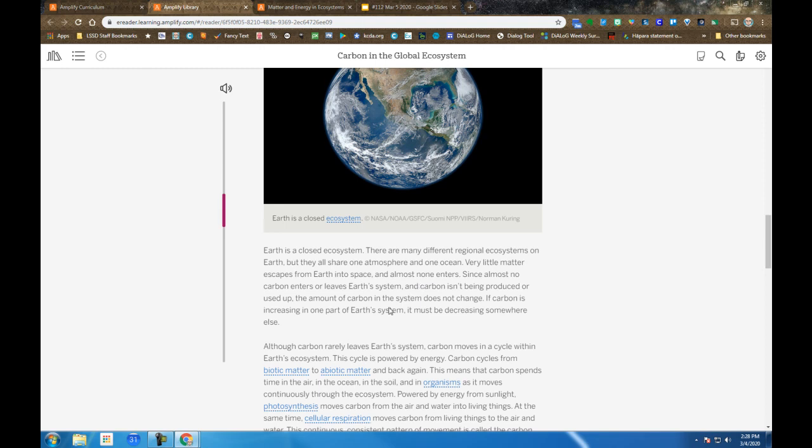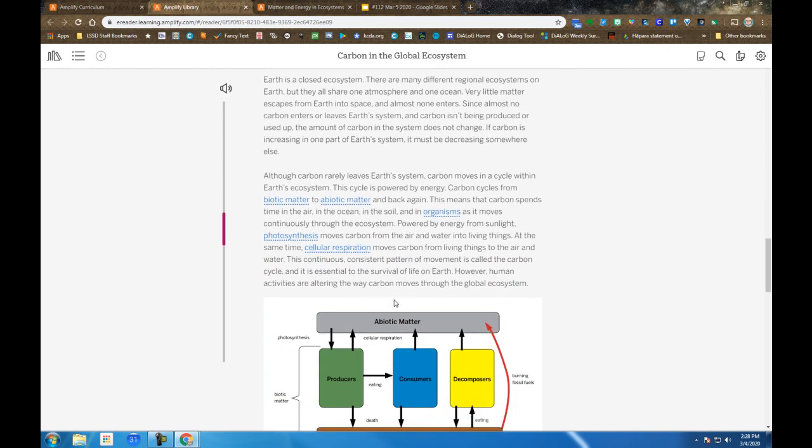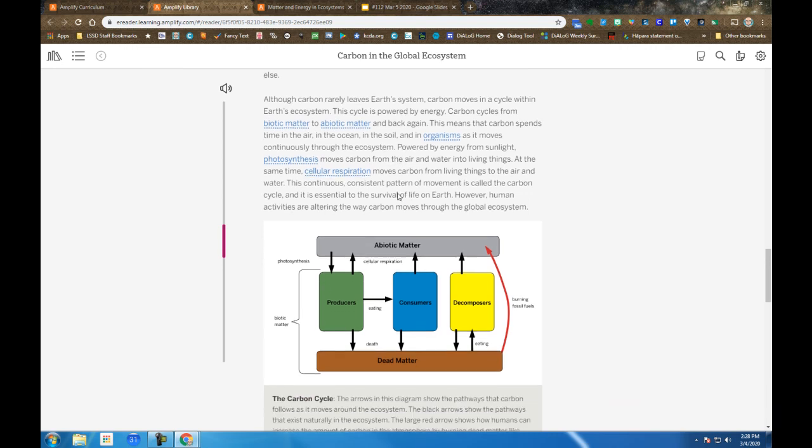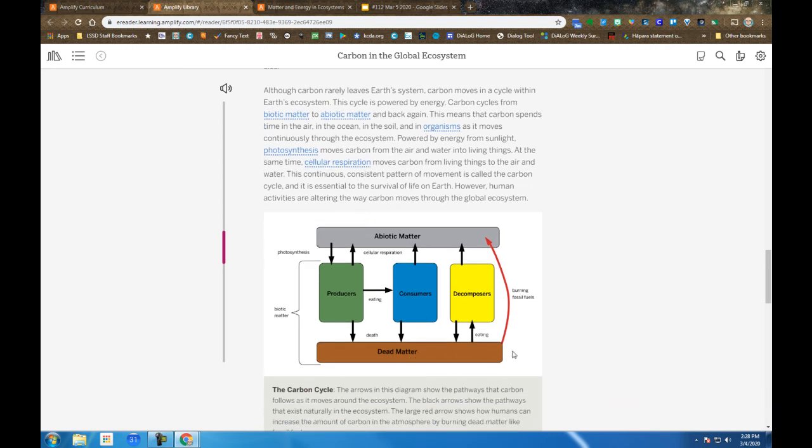Since it's constantly being cycled, when it's in the ground as fossil fuels, the energy is stored down there, and it's not in the air, so it's not heating the atmosphere as much as if there was a bunch of it. As this material is burnt, it goes directly to abiotic matter.